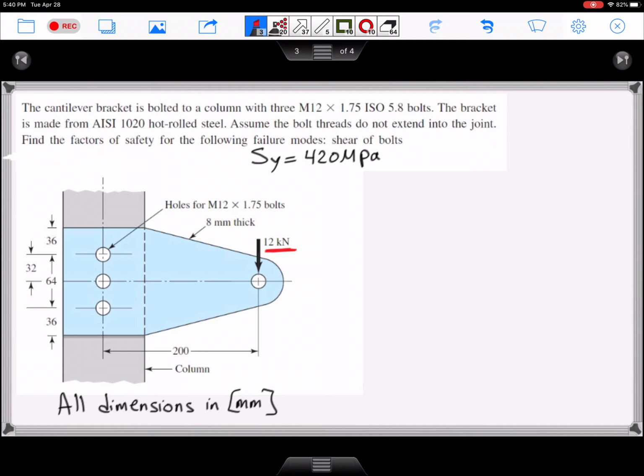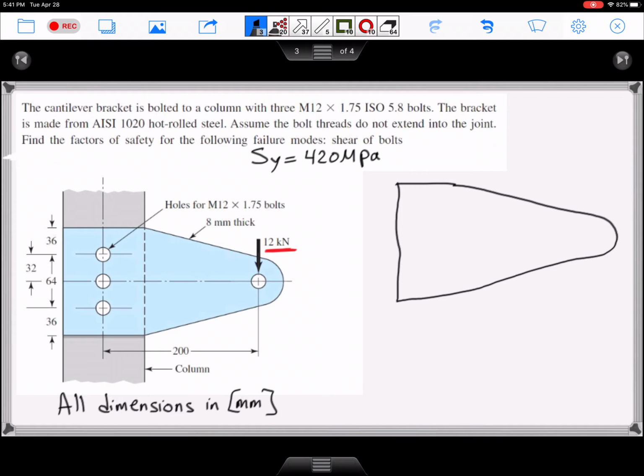First thing, remember from statics, you can draw a free body diagram of the bracket. It looks something like this, and this is not to scale.